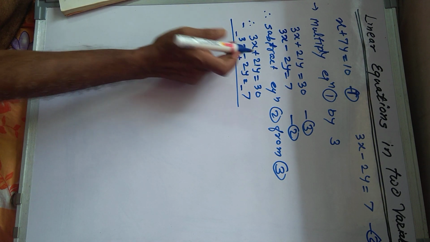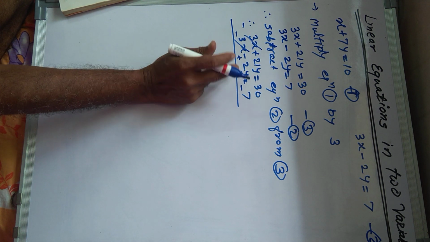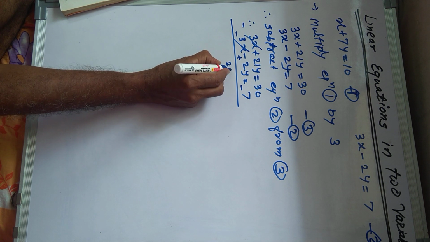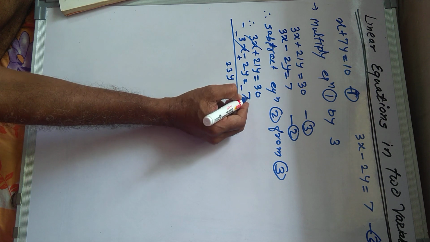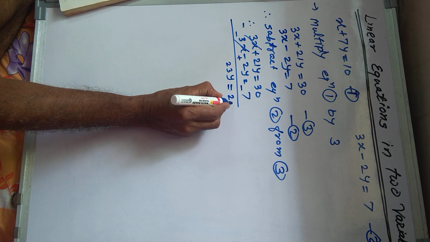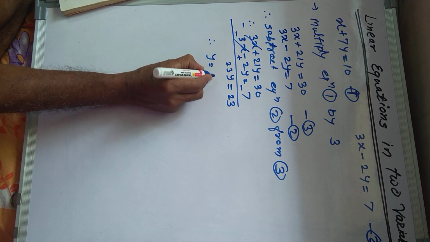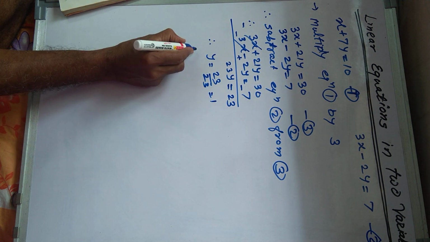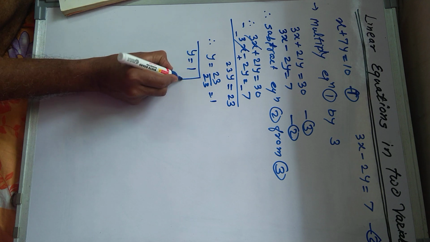Therefore, 3x minus 3x gets cancelled, 21y plus 2y gives 23y, and 30 minus 7 is equal to 23. Hence, y is equal to 23 upon 23, therefore 1. The value of y is 1.